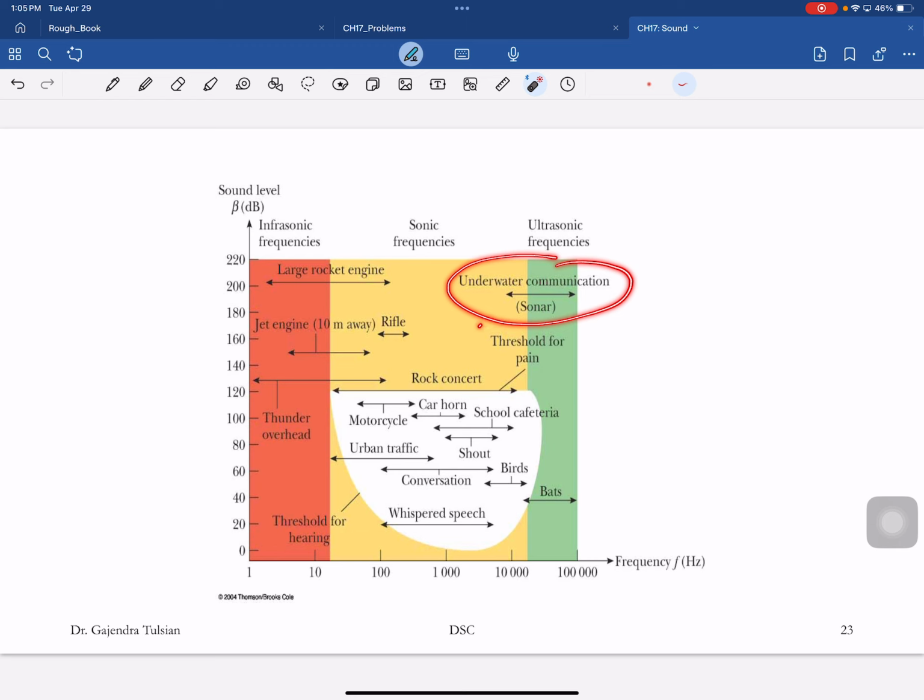Underwater communication, those are sonars. Bats, a lot of bats use echolocation. What does echolocation mean? Oh, they make a high frequency noise, it bounces off whatever they're looking at, and returns to them, and they turn that in their ears. But my question is, why are some of them, like large rocket engine, the top left, why is it in both?